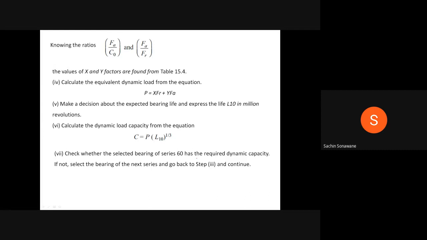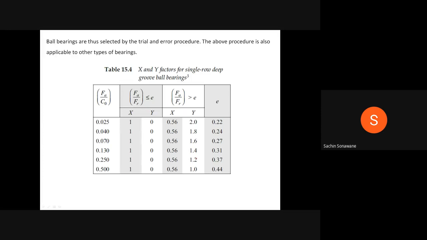Then next, check whether the selected bearing of series 60 has the required dynamic capacity. If not, select the bearing of the next series and go back to step 3 and continue. Ball bearings are thus selected by the trial and error procedure.